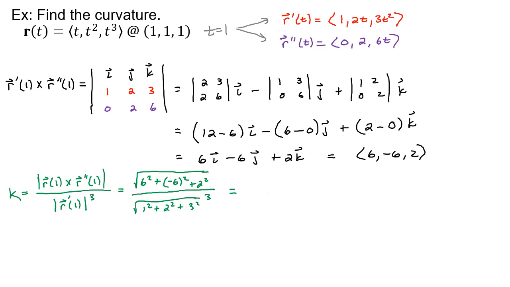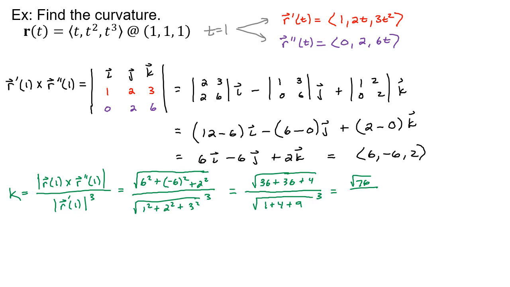And so on top, I get a 36 and a 36 and a 4. Now, it may not come out very nicely, but at least the numbers are better. On the bottom, I'll get 1, 4, and 9. So 36 doubled is 72, so 76.